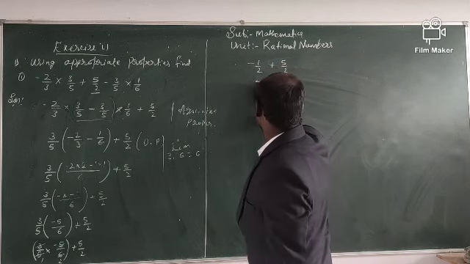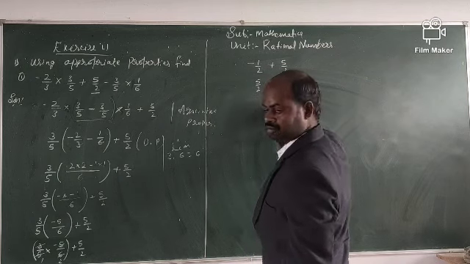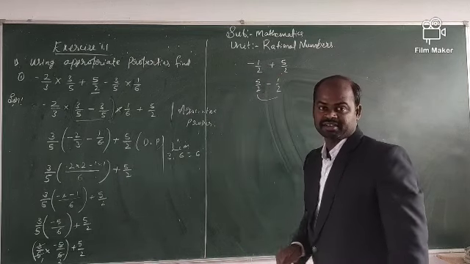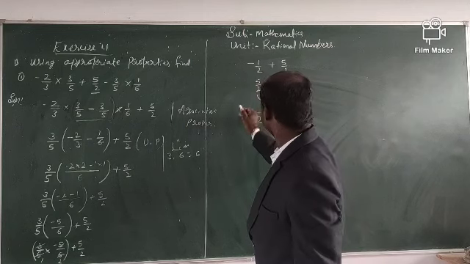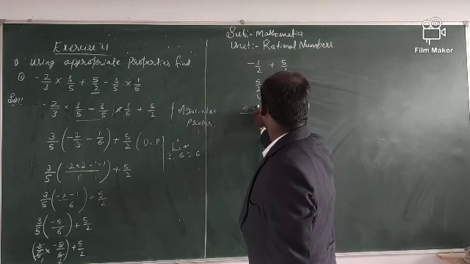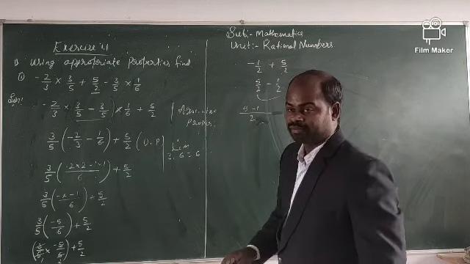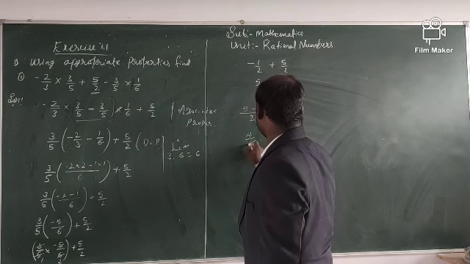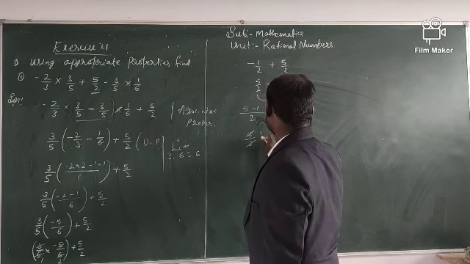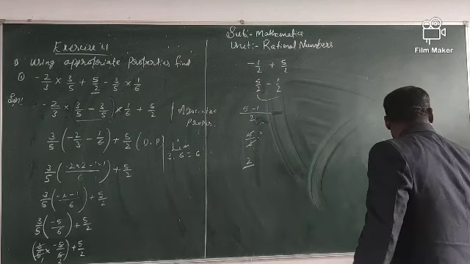We can also write it as 5 by 2 minus 1 by 2. Here the denominators are the same, so 5 minus 1 equals 4 by 2. Therefore the answer is 2. Understand?